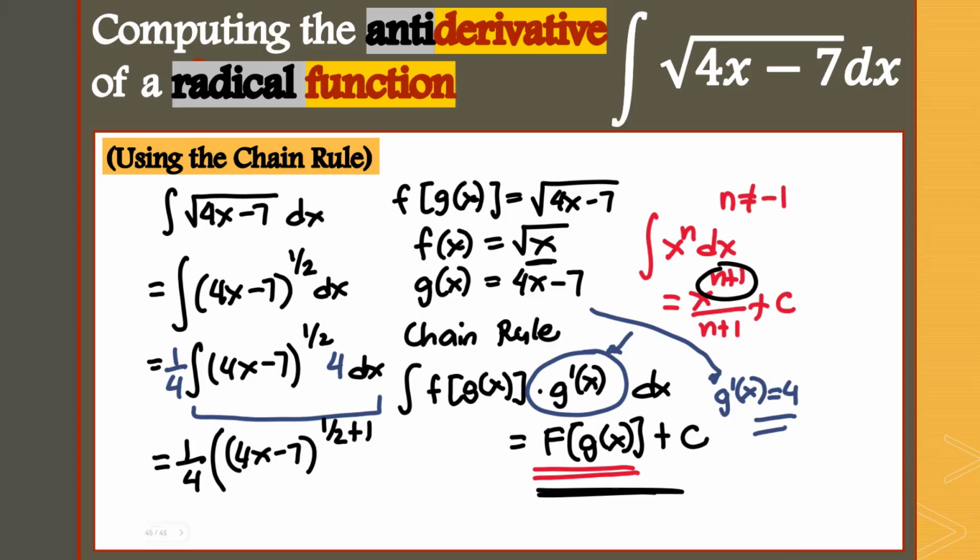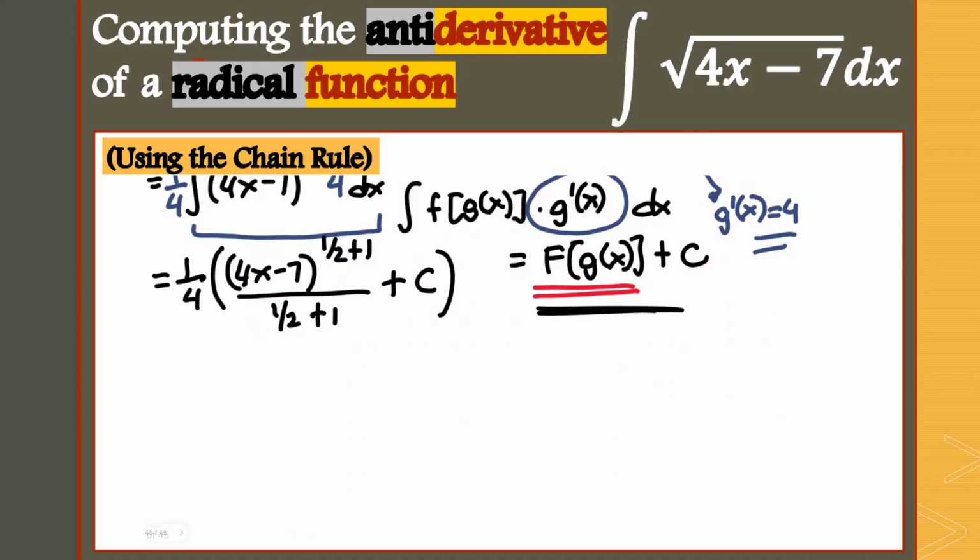So we'll be copying the same exponent as denominator. Then we have plus c. So simply simplify this and you will get your correct answer. First, let's add the exponents together with the denominator. You have here 4x minus 7 to the power of 3 halves over 3 halves plus c.